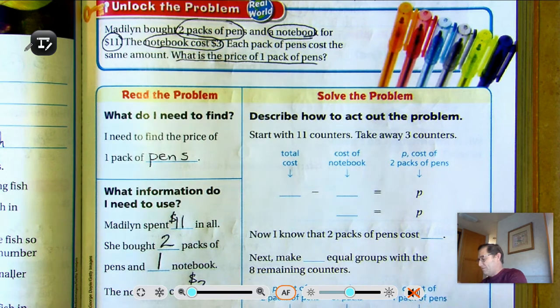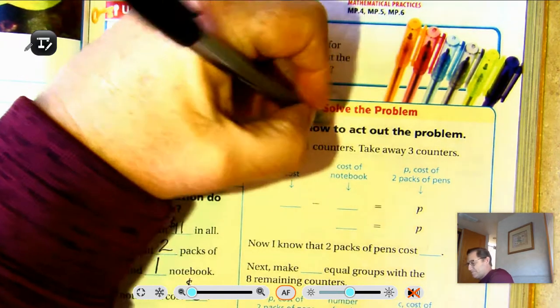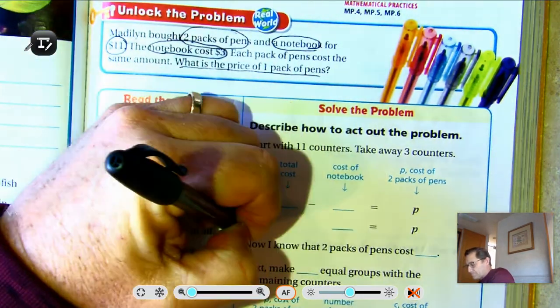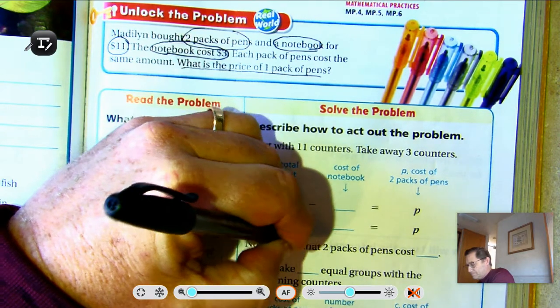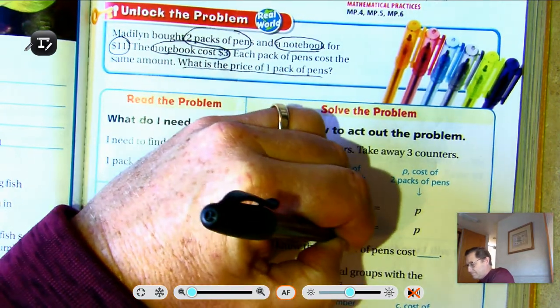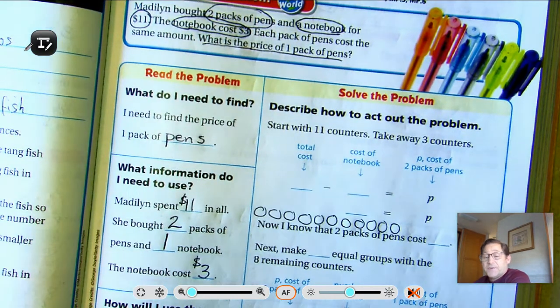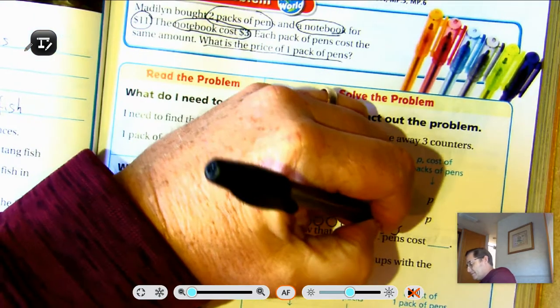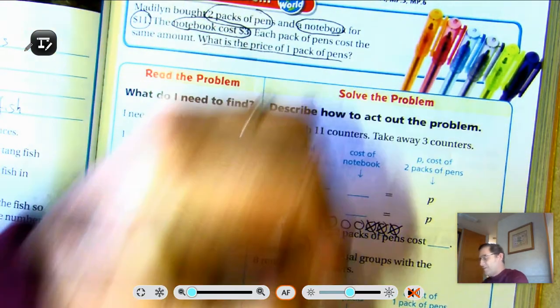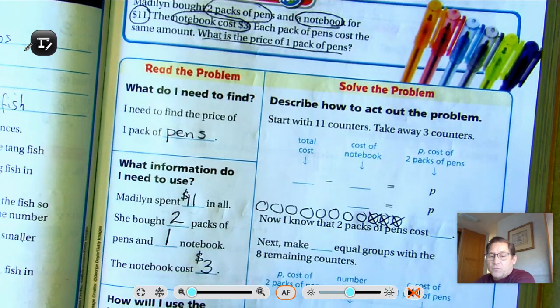Why are we doing that? Why are we starting with the 11 counters? Because that's how much money she spent total, correct? And why are we going to take away 3? Well, because the information from the problem told us that the notebook cost $3. I don't need to find the cost of the notebook.